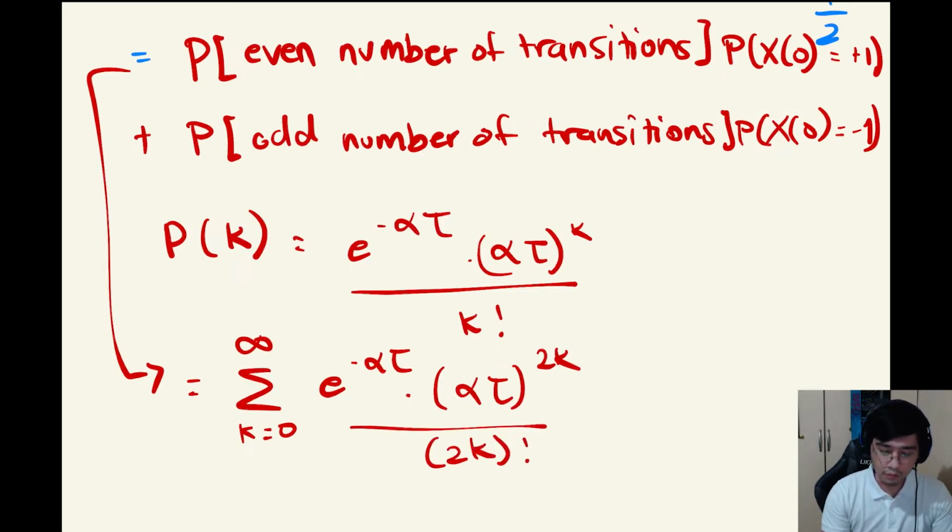Take note that 2k just means that we have an even number of successes here. Because when we substitute 0, 1, 2 for k, we have 0, 2, 4, 6, 8, 10, right? And then we multiply that by 1/2. Okay?